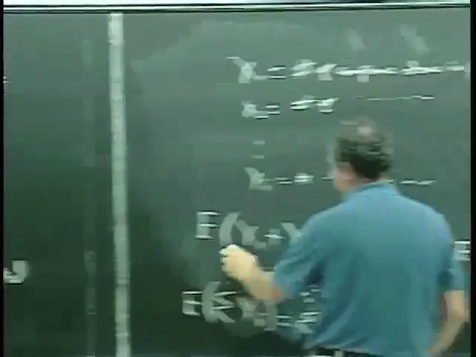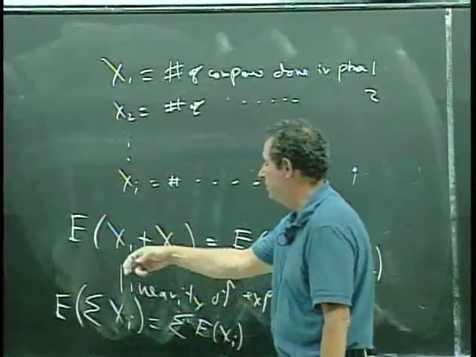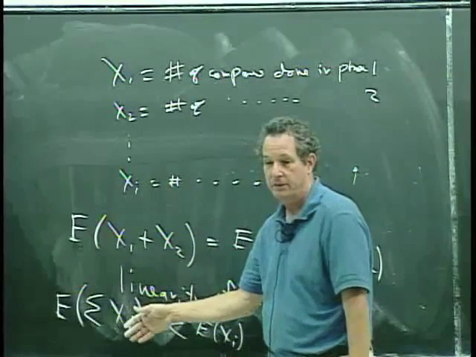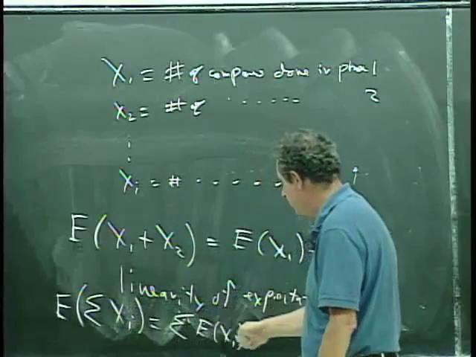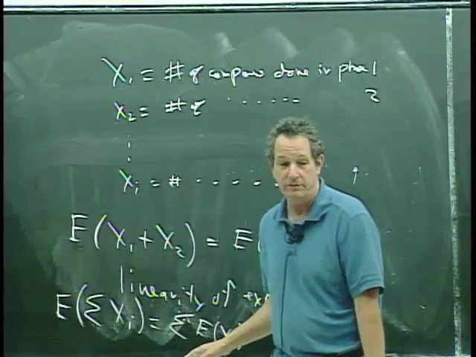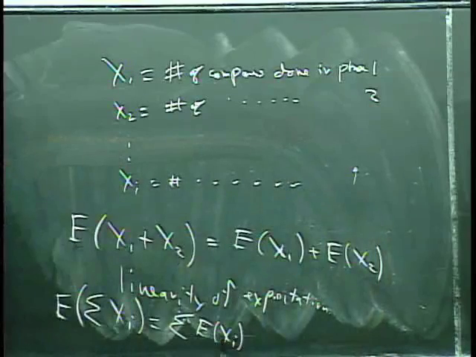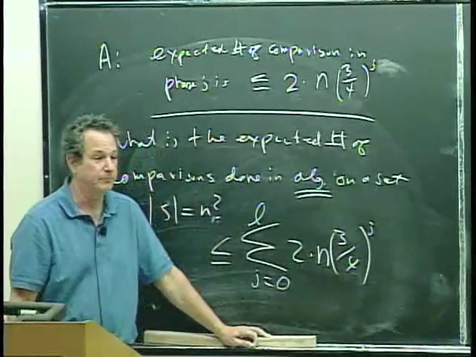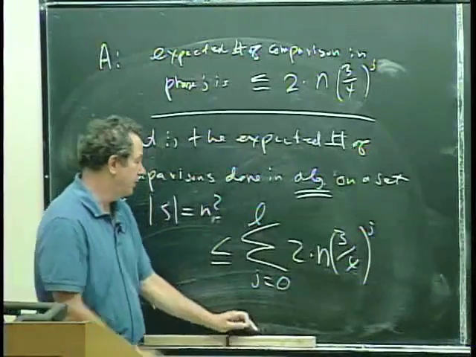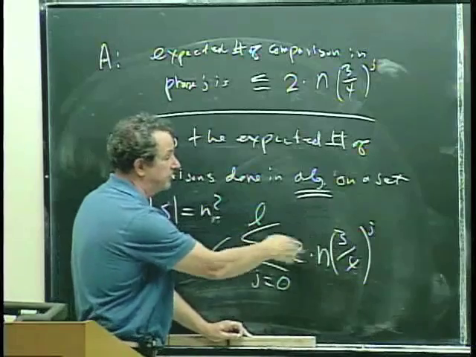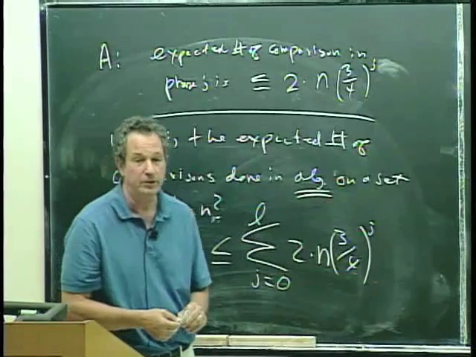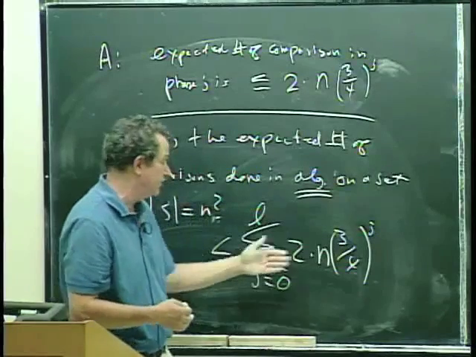The expected number of comparisons done in phase 1 plus phase 2 plus phase 3, et cetera, is just the sum of the expected number in each phase. And that's what this sum is over here. It's the expected number done in phase j summed over the various phases. So if you just wrote this out, and you didn't refer to the linearity of expectation, it wouldn't be clear why that was the right answer.